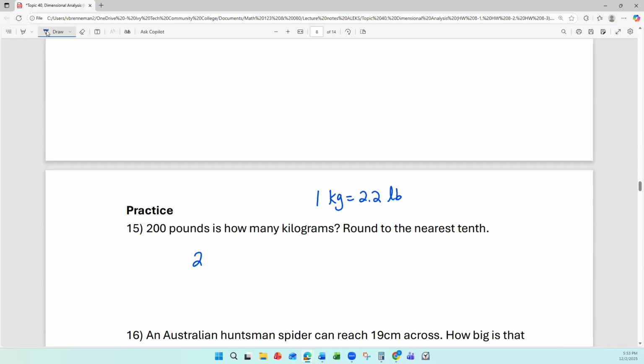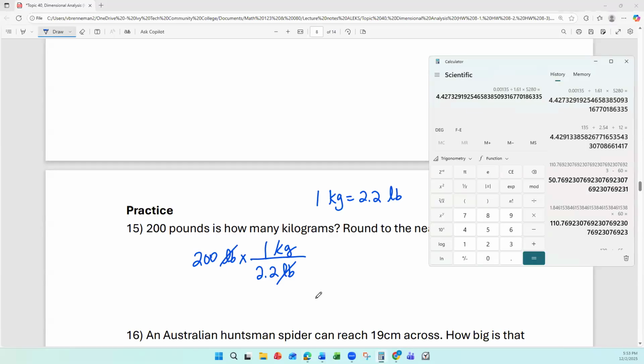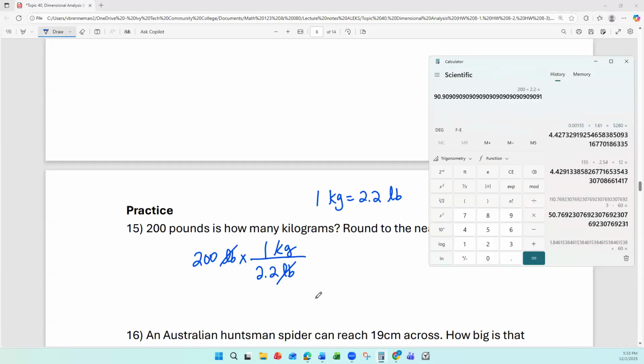So starting with the 200 pounds, put the 2.2 pounds on the bottom and the 1 kilogram on top. Then we take 200 divided by 2.2. That's about 90.